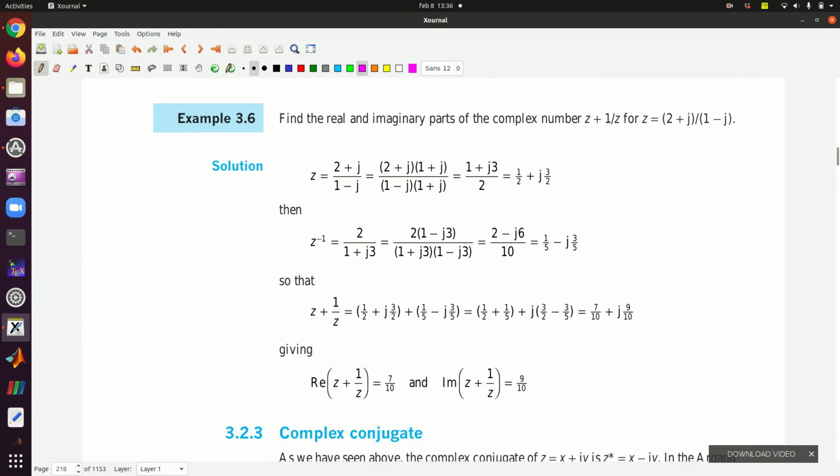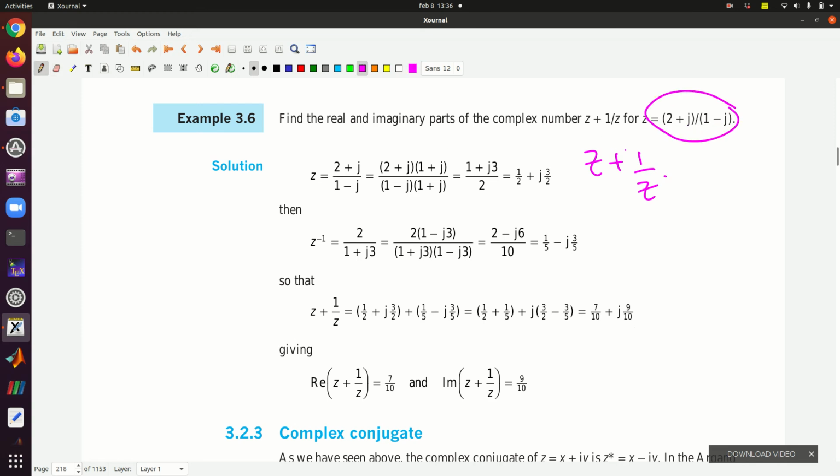Find the real and imaginary parts of the complex number z plus 1 over z, for z given as that. So it's just algebra. Oh sorry, it's not z plus 1, it is z plus 1 over z. So we have z already given to us. z is this one here.